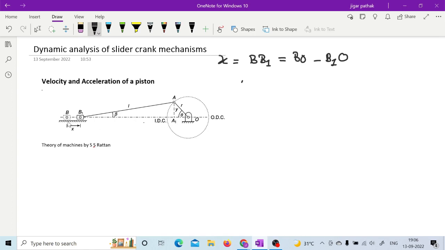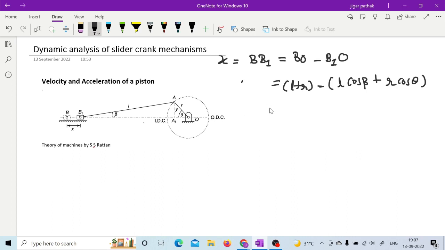If we consider B as top dead center, then at the particular point B, the distance OB can be given by L plus R. Now if you see B1O, that B1O can be represented by L cos beta plus R cos theta, from the geometry of the figure.